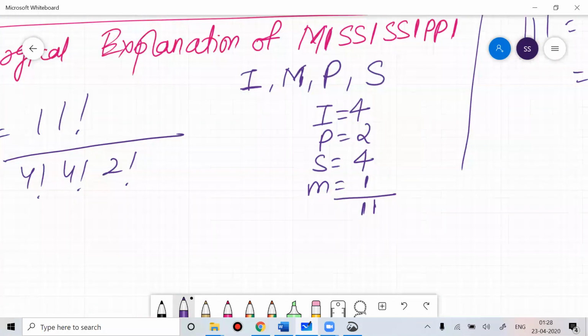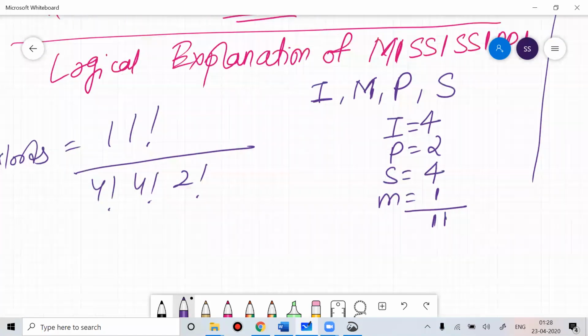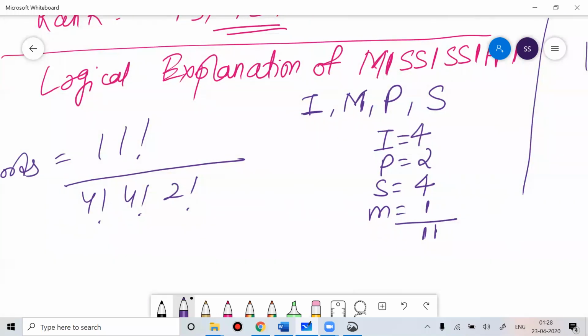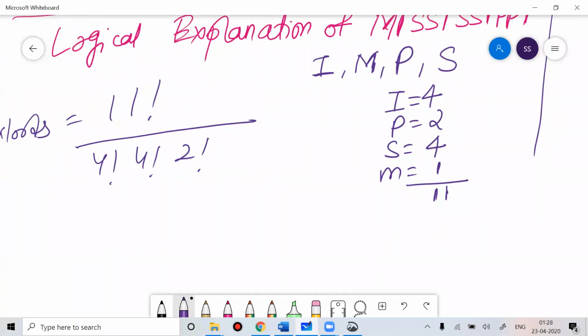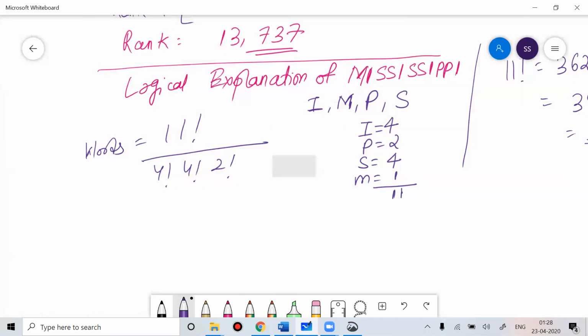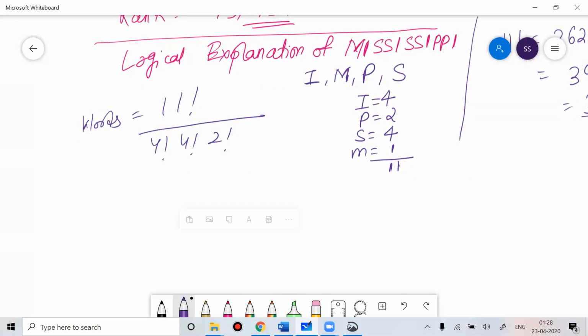Okay, now coming back to the logic, the logical explanation of MISSISSIPPI. What I can do is start my word with I. If I start my word with I, how many words can I make?